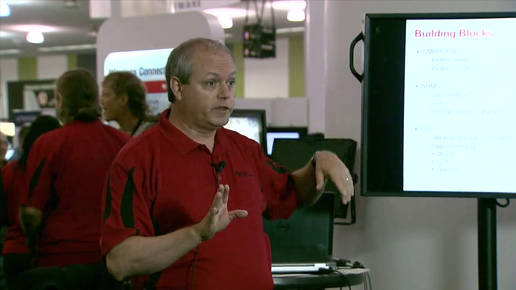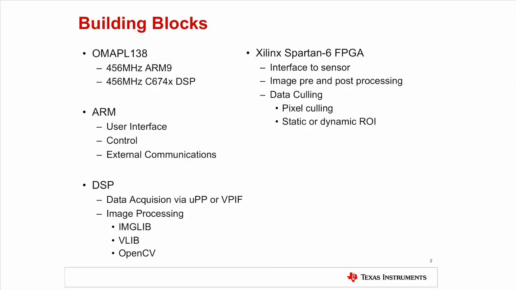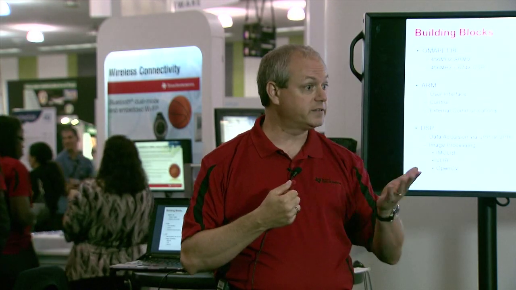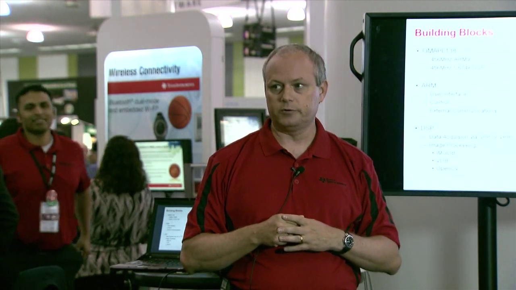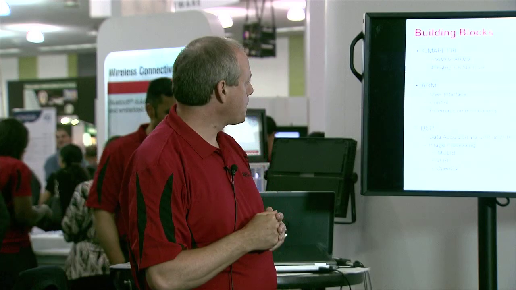If you're not familiar with it from TI, it's a 456 megahertz ARM9 married to a 456 megahertz C674x DSP, all in the same piece of silicon. The ARM is capable of running embedded Linux, and the DSP is there for you to do whatever signal processing, in this case image processing, that you would like to do in your product.